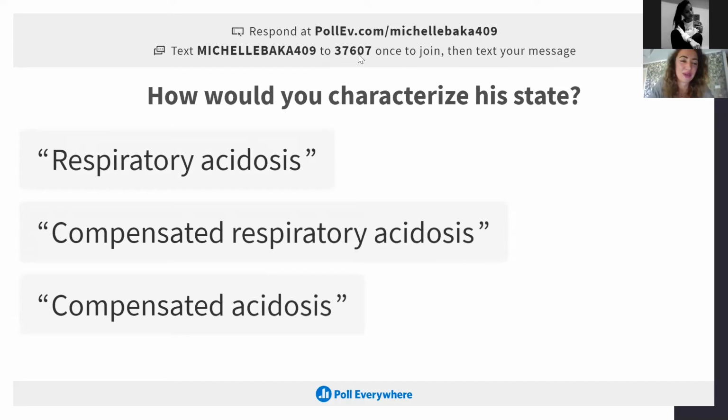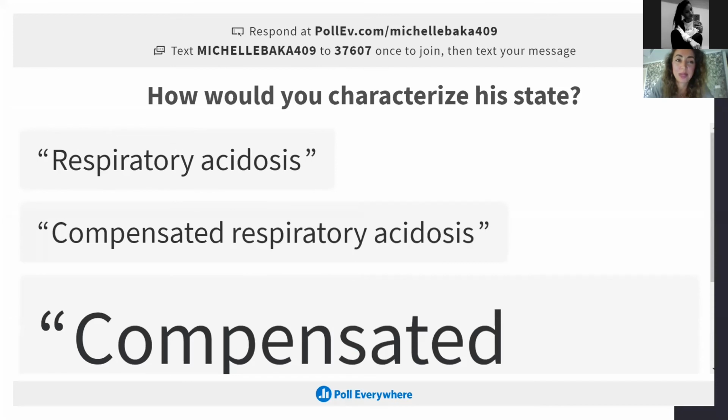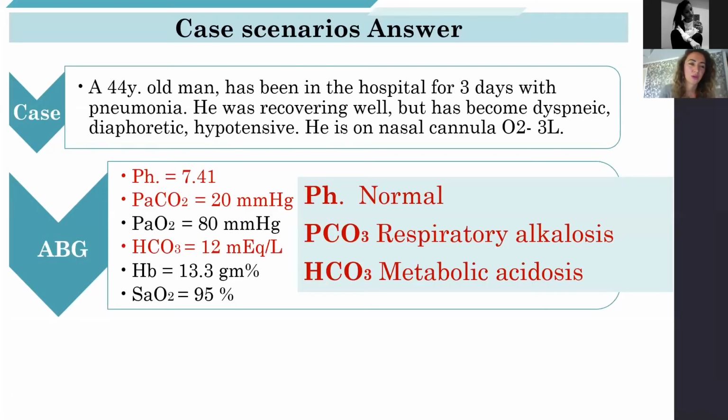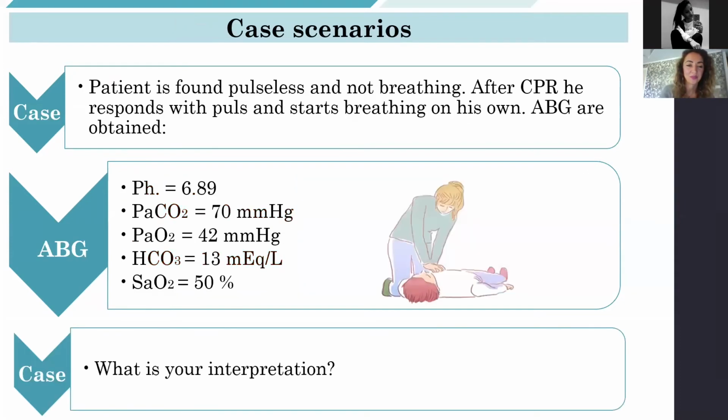Compensated acidosis is correct, but it's compensated metabolic acidosis because he has decreased bicarbonate, and he has pneumonia, so he's compensating with increased respiratory rate. So we have a normal pH, the PCO2 shows respiratory alkalosis, which means that he's compensating, and we have metabolic acidosis because bicarbonate is decreased. Thank you, guys. Next scenario.